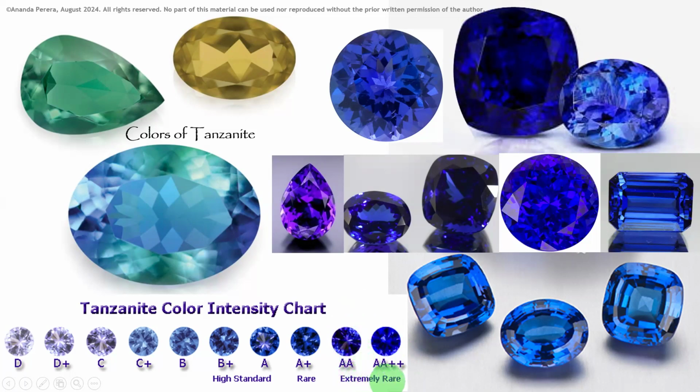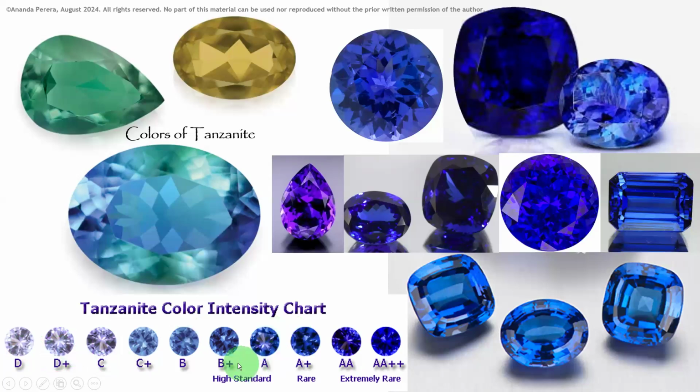That is called extremely rare. This color is extremely rare. If we get here, you can see that color. If we get that color, it goes for a big price. You can see all the colors here and the different colors also. Then A plus, B plus, C plus, D plus are the color grades.